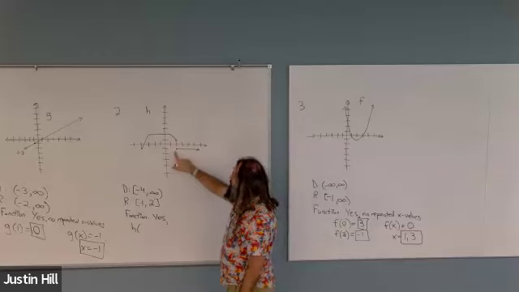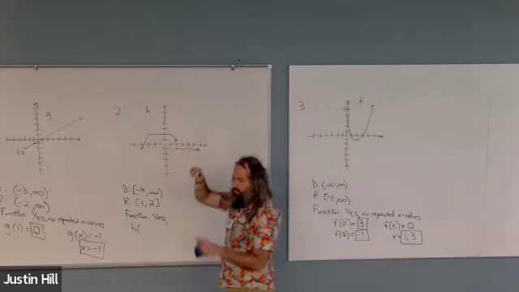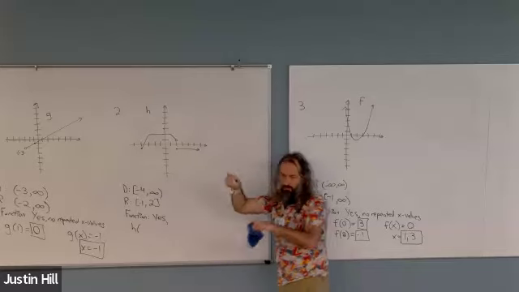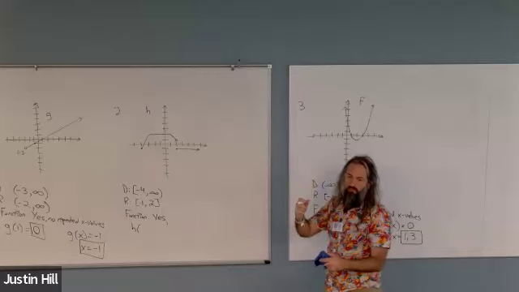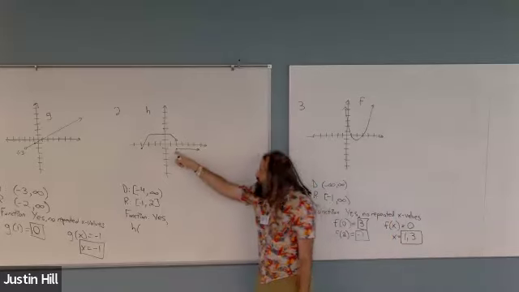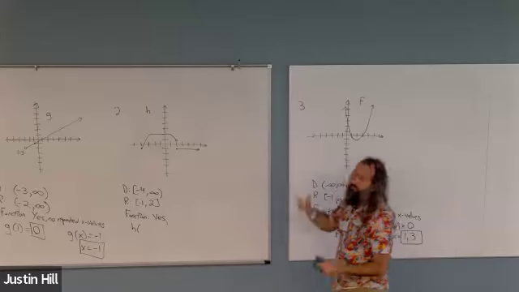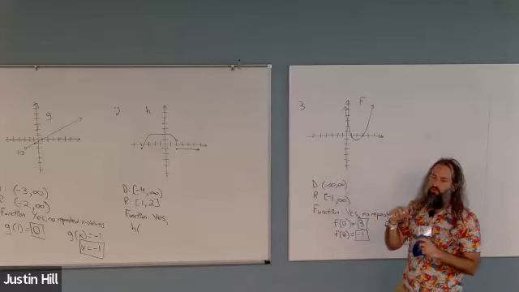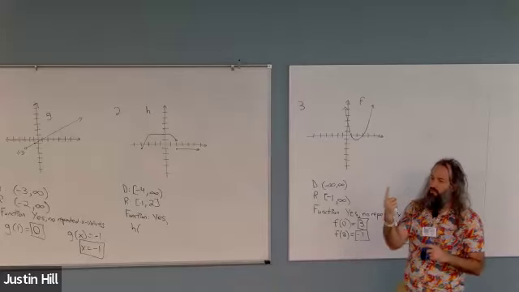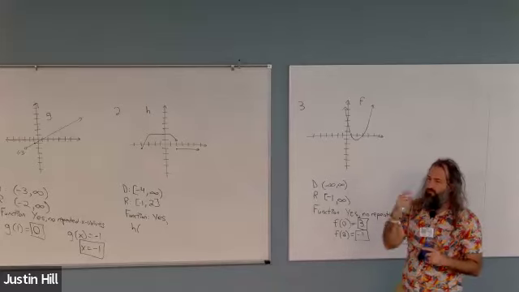Honestly, with this open dot and closed dot being right above each other, I think of it like hitching a trailer to a truck. So there's still only one x value.